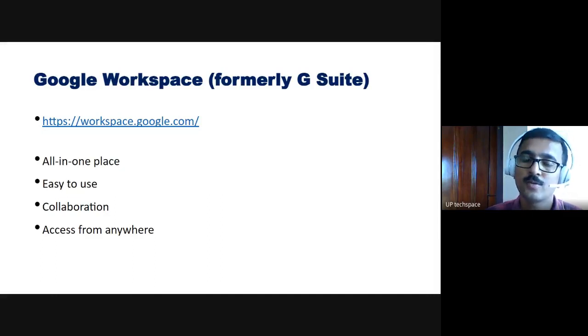Most of the Google apps are available on subdomains, like workspace.google.com, forms.google.com, docs.google.com. So you can straight away tell your browser to navigate to that particular page. You just need to remember that keyword.